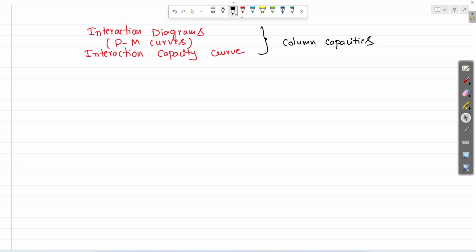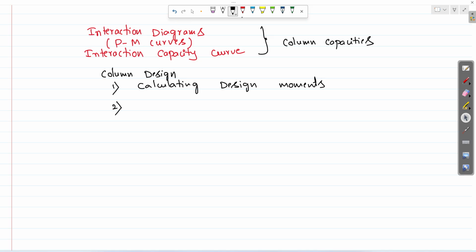The column design will be carried out in two steps. The first step is calculating design moments.